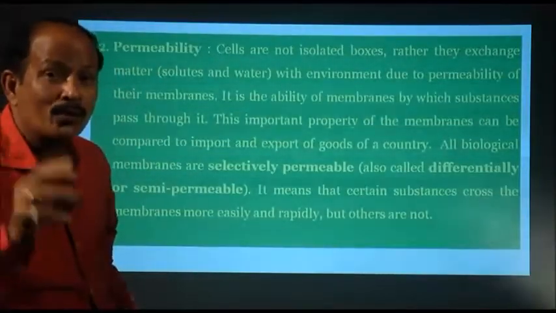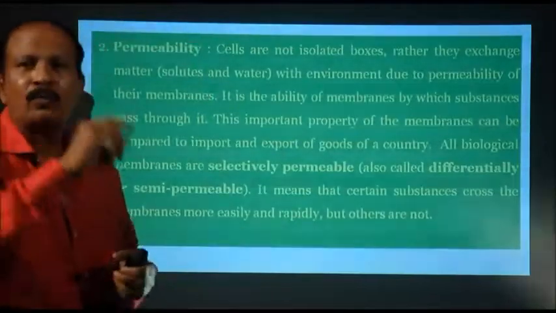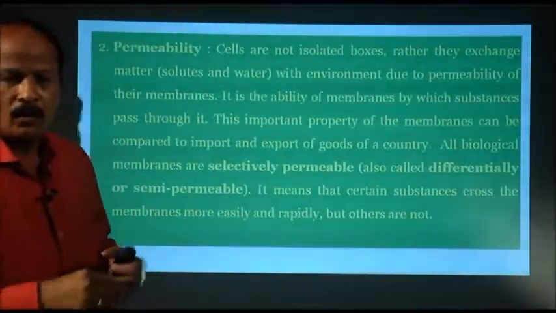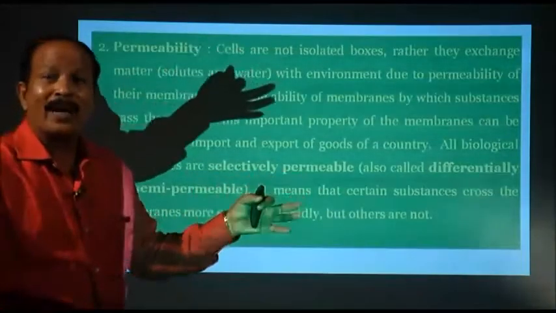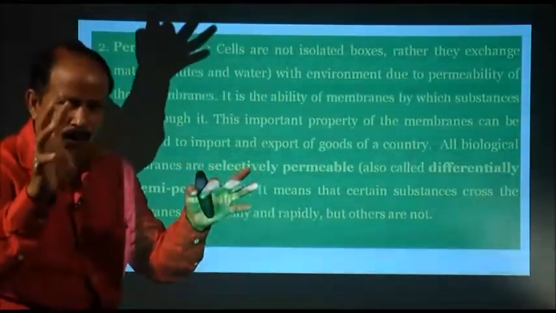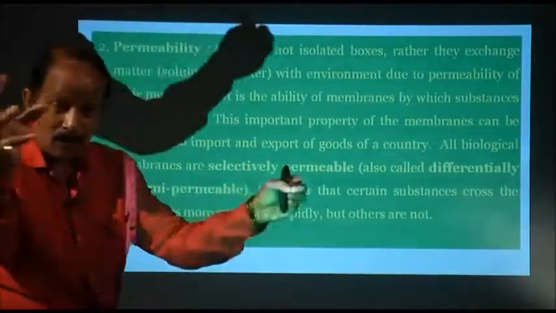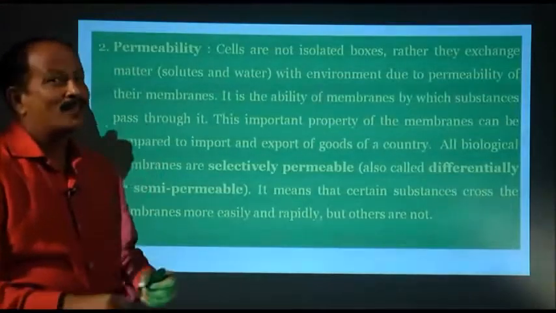The nucleus is one compartment, the endoplasmic reticulum another, the chloroplast another, the mitochondria another. So many compartments: lysosome, tonoplast. They are different small compartments, integrating among themselves and working within the cell.